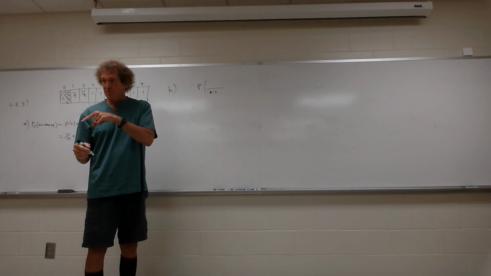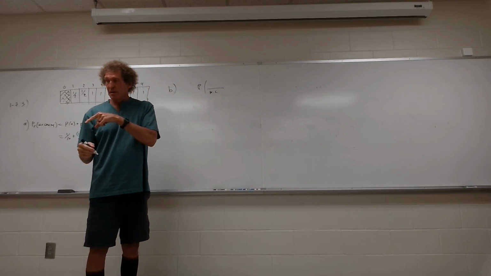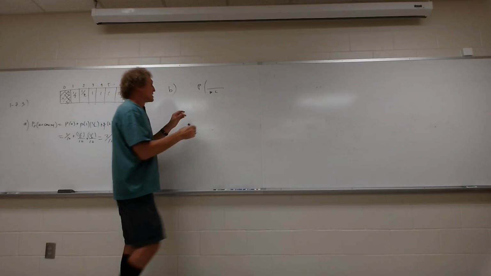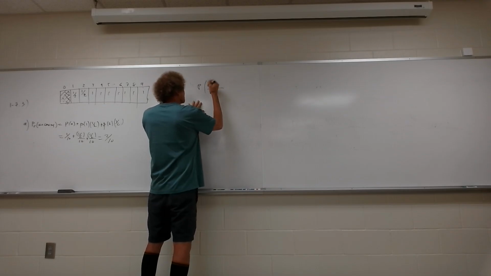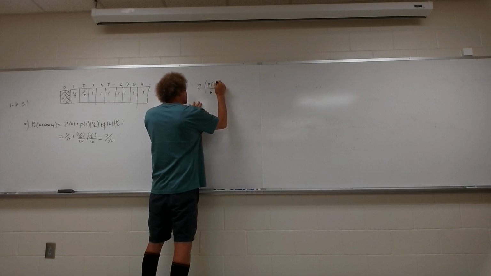If no candy is received, what's the probability the button that never works was the one that was pushed? So if no candy is received, then the probability that the button 0 is pushed. I'm not sure how to put that, but I'll just say 0 pressed.